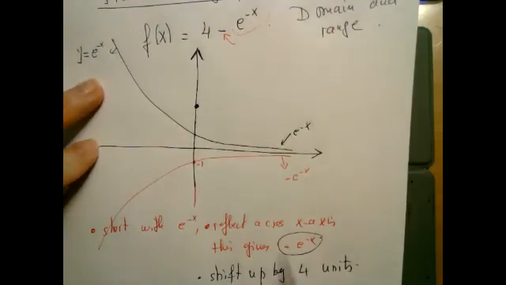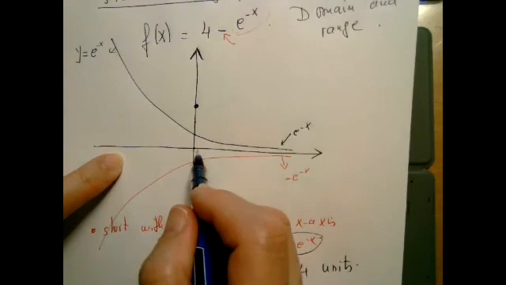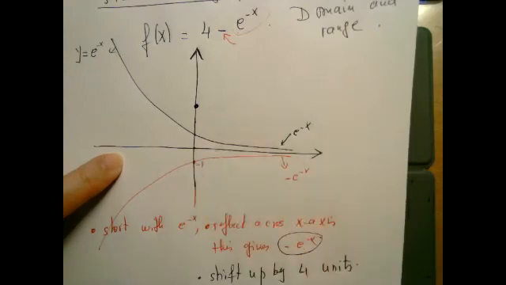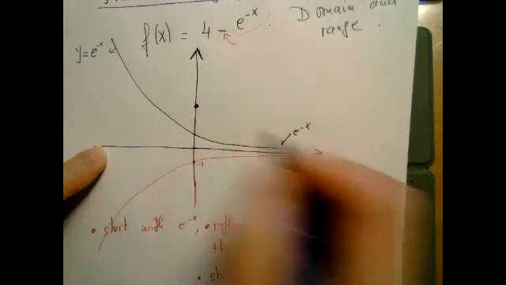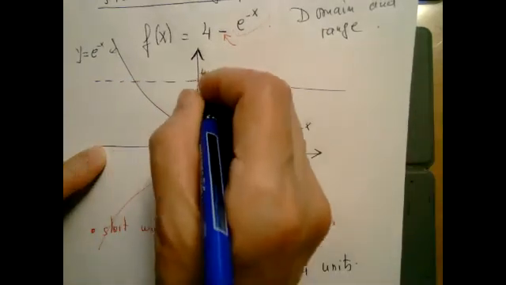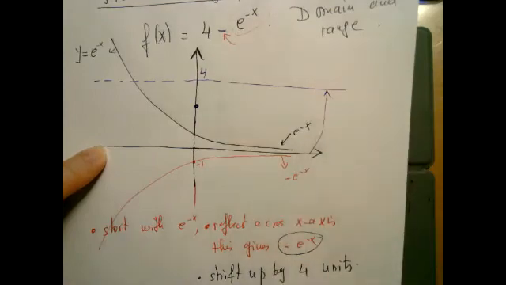Absolutely. All right. And now the minus e to the minus x, when x becomes large, the values are becoming close to 0. So what we're going to do is shift the x-axis 4 units. I'm going to shift it and put it here. This is my 4, meaning I'm shifting this 4 units because I want to shift the graph.